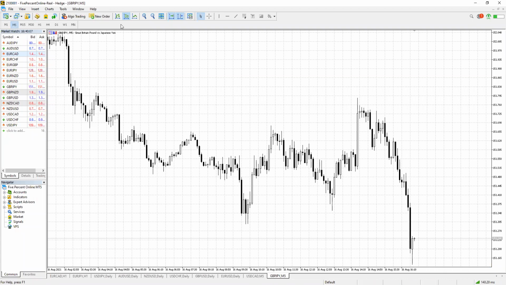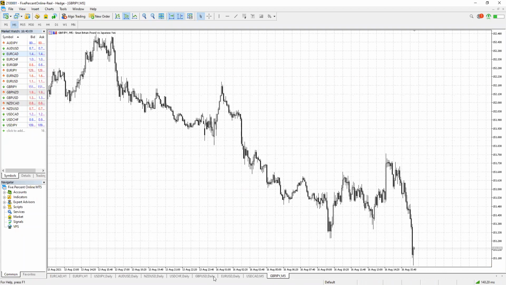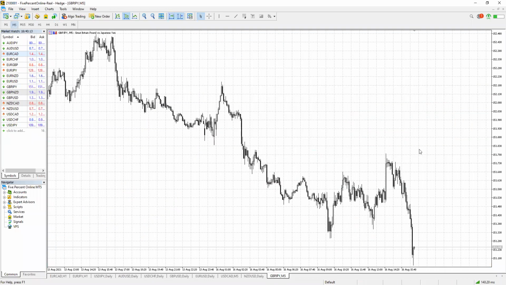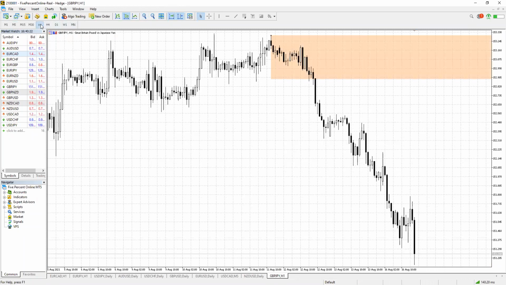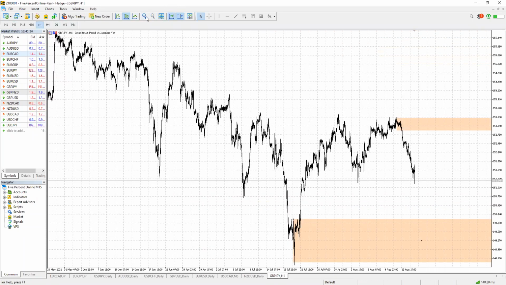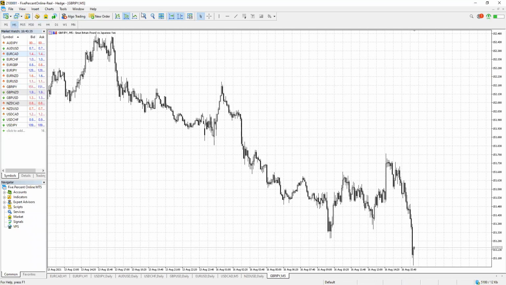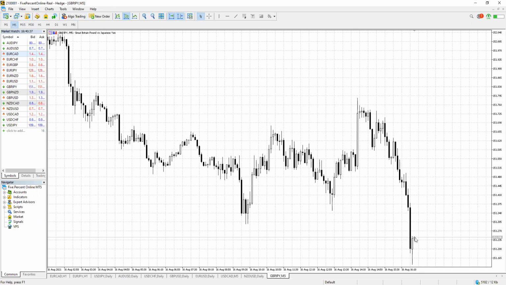Okay, let's see if we can take some trades together. Let me see. Okay. From everything we saw, this was the one I liked the most.